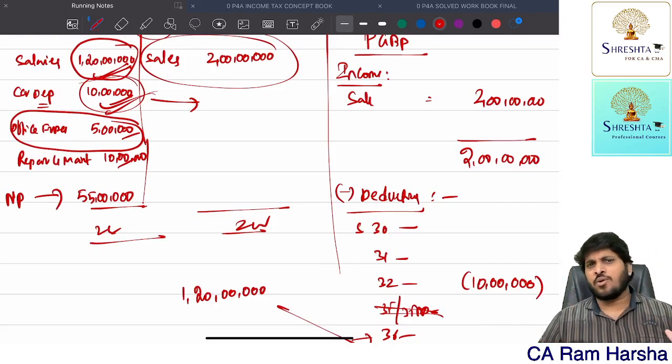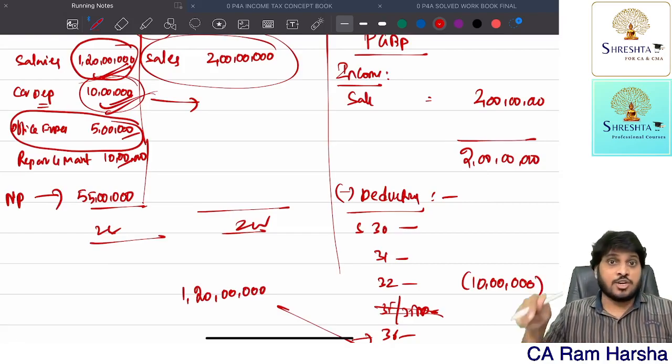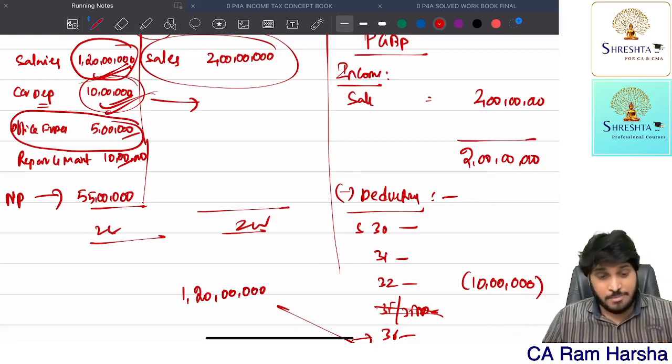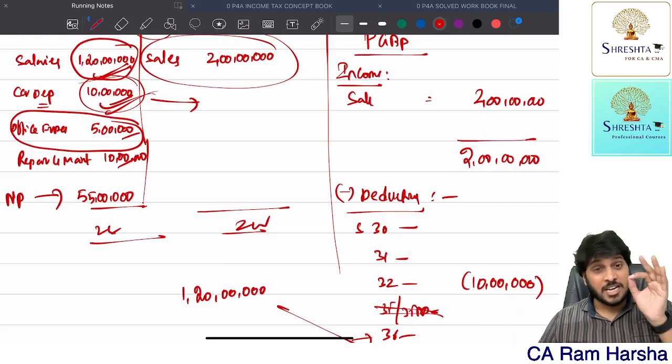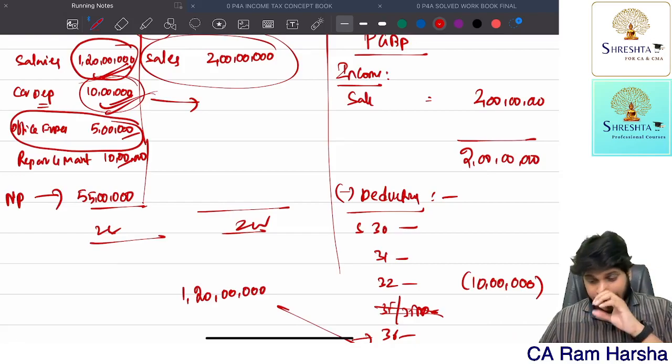Entire 5 lakhs was incurred for the office, no personal expenditure, revenue expenditure related to the business exclusively. Can I claim deduction? Yes. Now tell me, office expenses 5 lakhs, so many puja items, whatever it is, under which section can I claim deduction? This is the question.